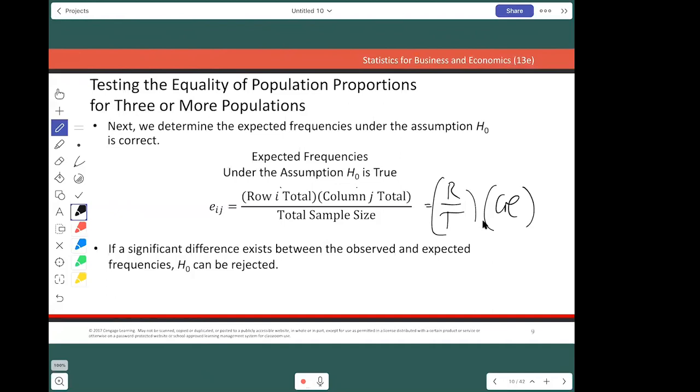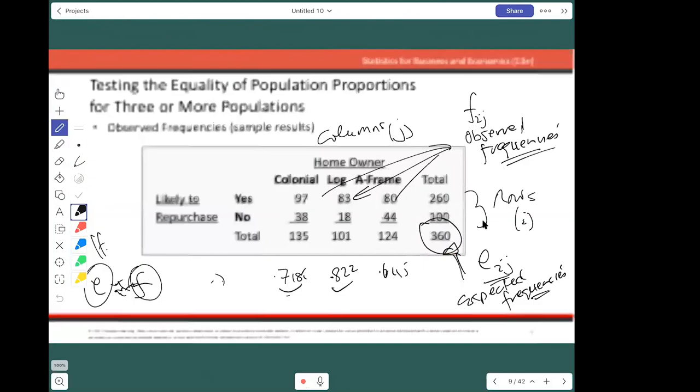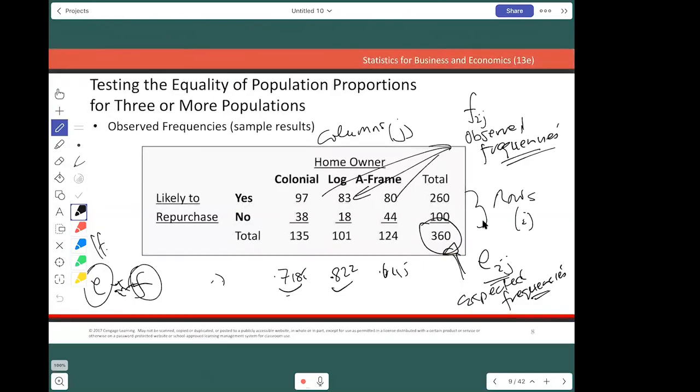So let's go back here and look at the row total. My row total over the overall total, 260 over 360, what is that telling me? That's just telling me the proportion of people. By lumping everybody together, 260 people out of 360 said that they will repurchase.